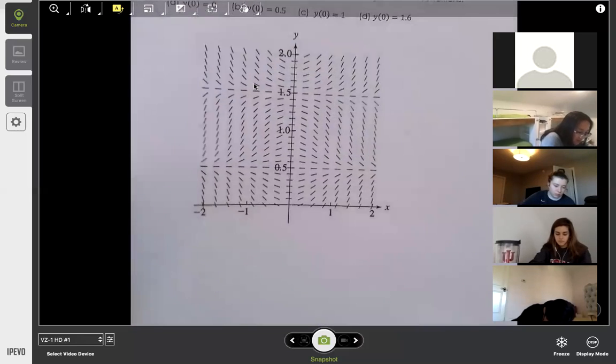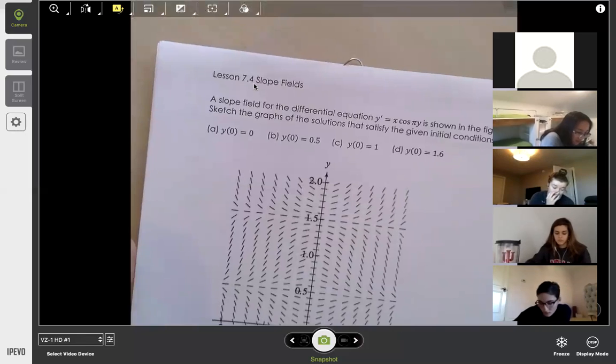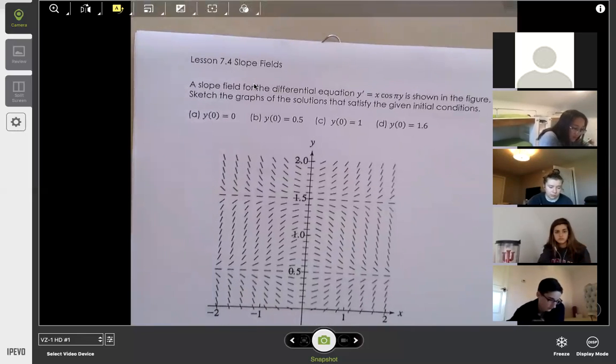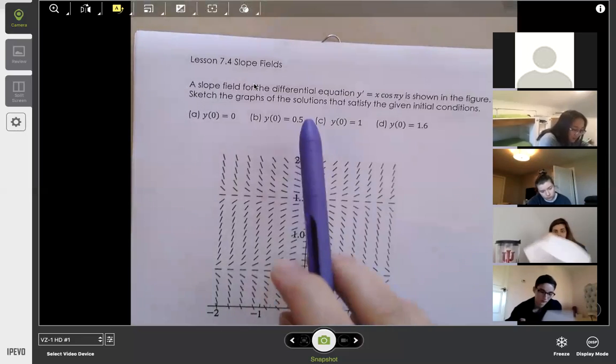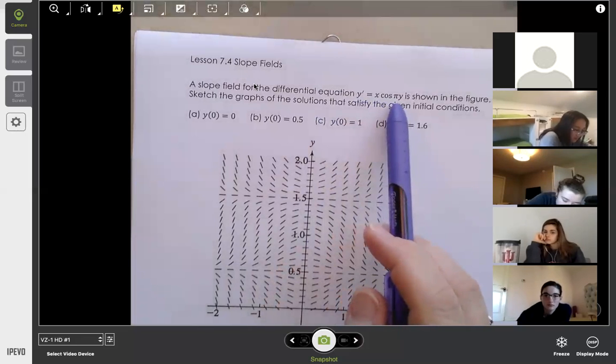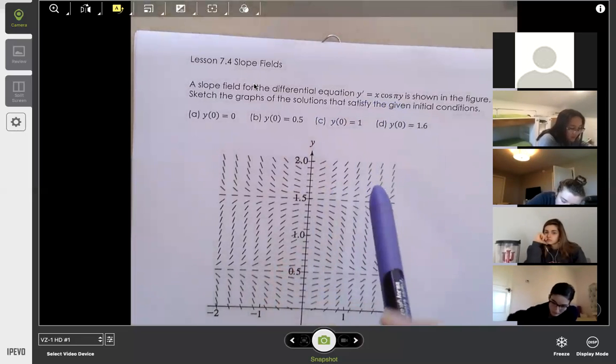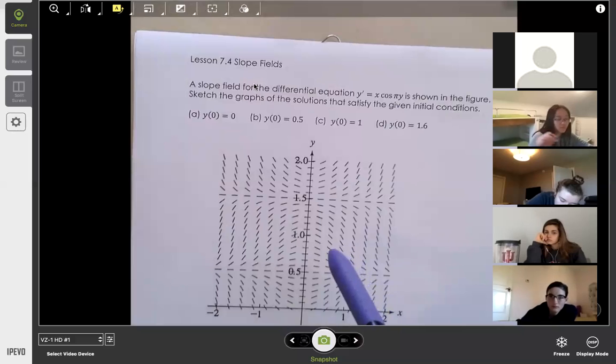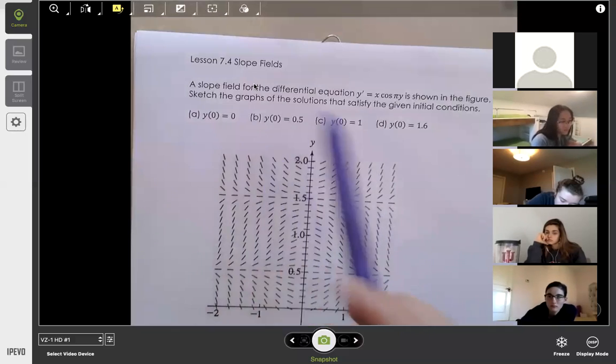All right. So here's a fun slope field. This is y prime equals x cosine of pi y. So this is a fancy one. It's shown in the figure. This is one where you want to use a slope field generator, your computer, in other words, not by doing it by hand because this would take forever.